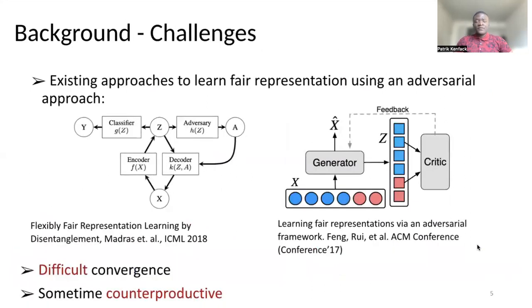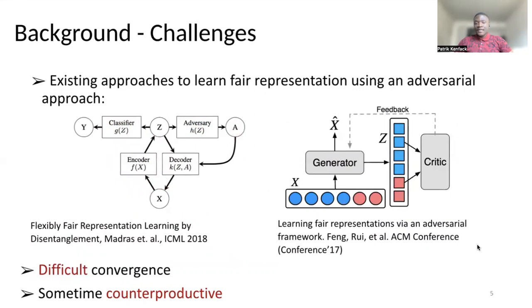Some related work have addressed this problem using an adversarial approach, where we basically have a generator part. Here you have an autoencoder and a classifier, and an adversary. The goal of the generator part is to defeat the adversary in predicting the sensitive attribute.